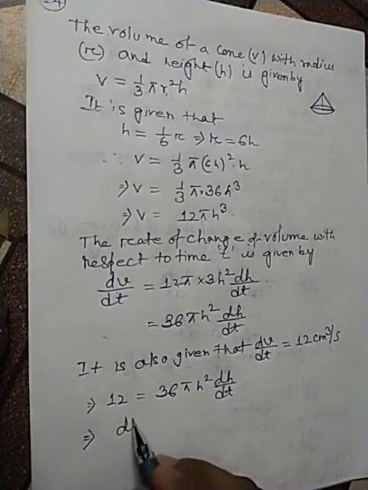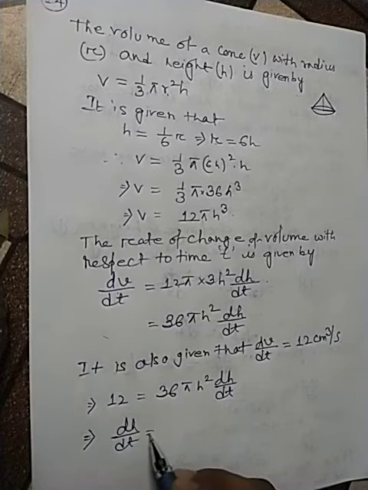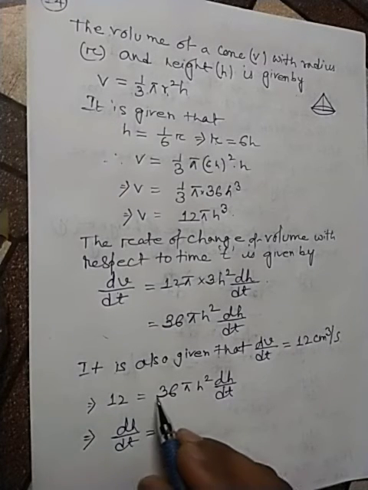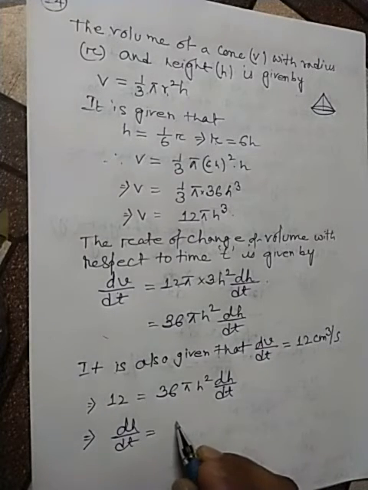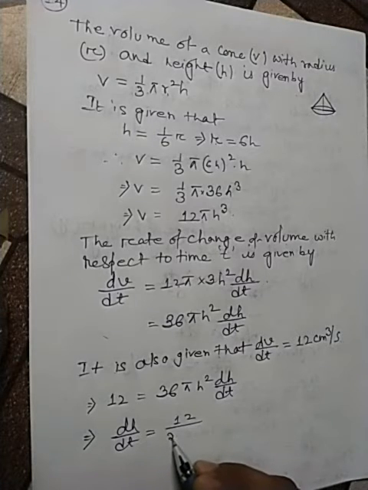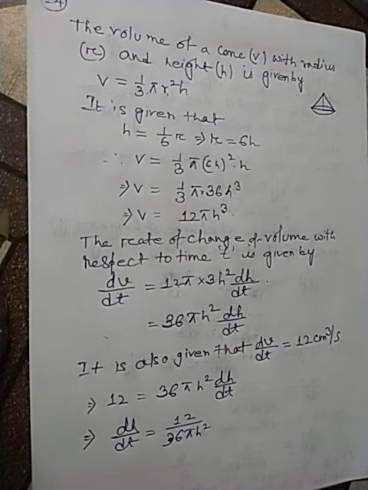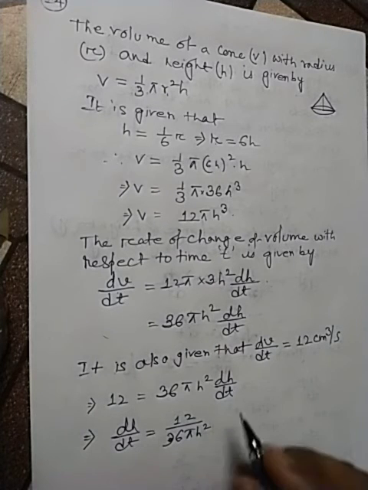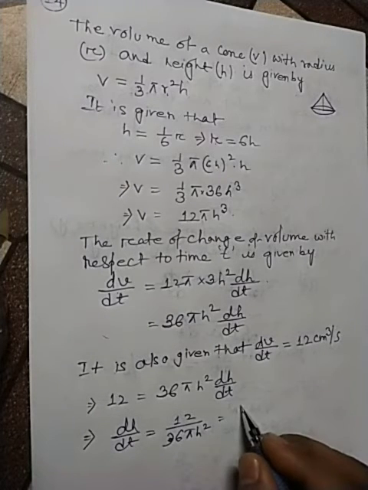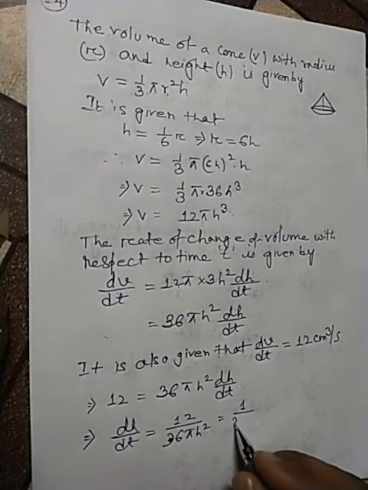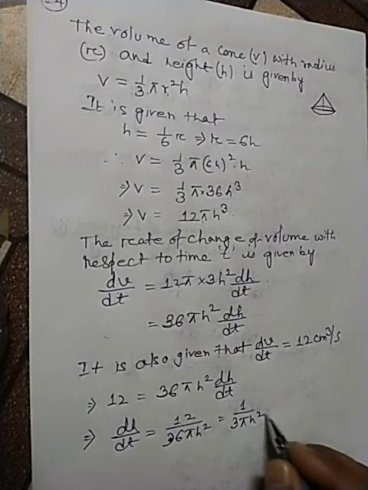So what is dh by dt? dh by dt equals 12 by 36 pi h square. Clear? So we get 1 by 3 pi h square.